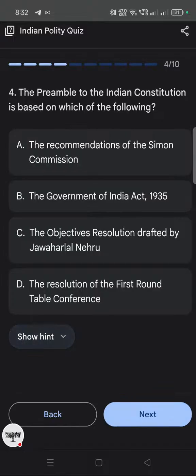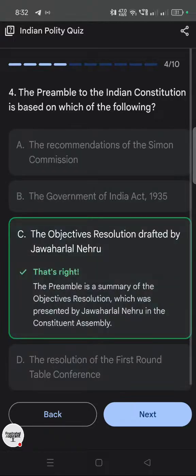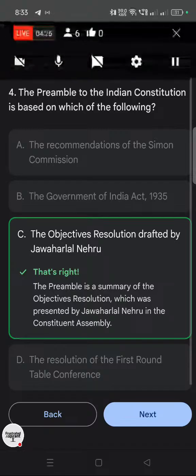The preamble is a summary of the objective resolution. The preamble is also called the political horoscope of the Constitution. The preamble is the summary of the objective resolution which was presented by Jawaharlal Nehru in the Constituent Assembly.